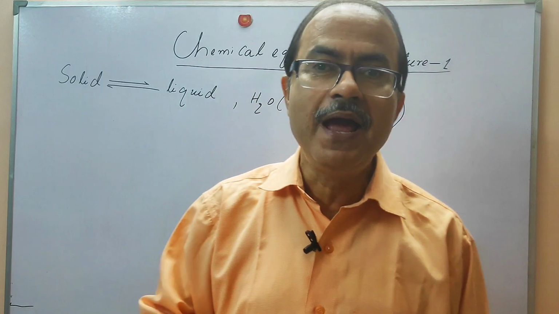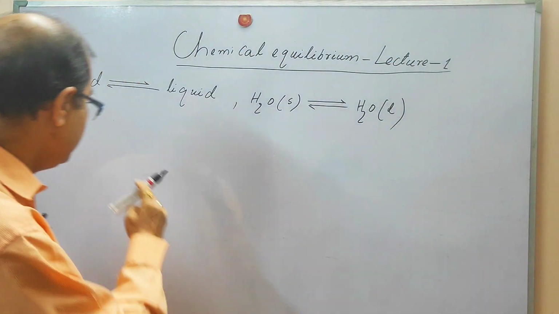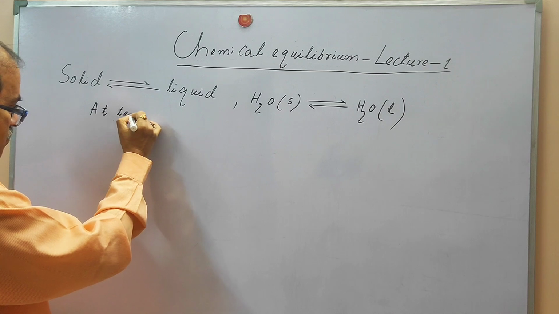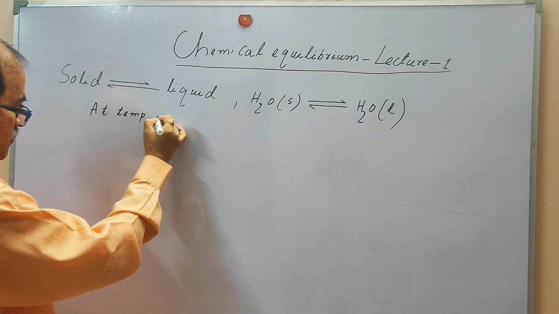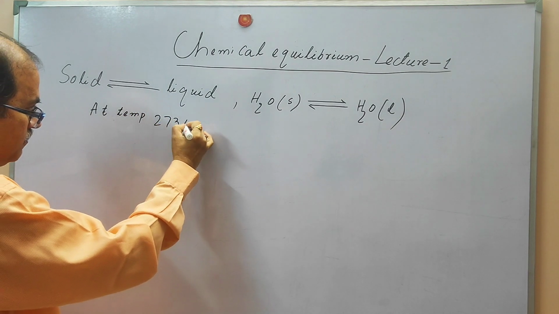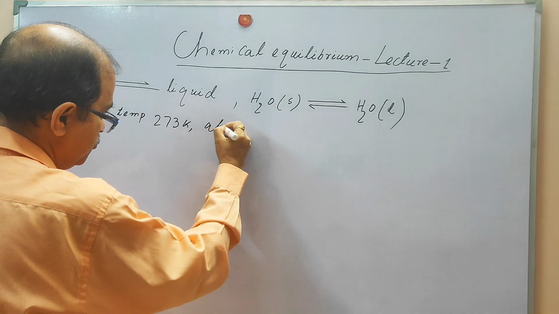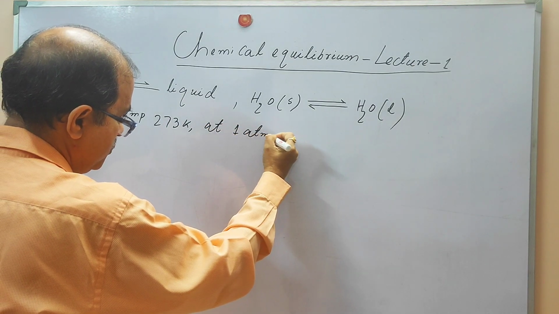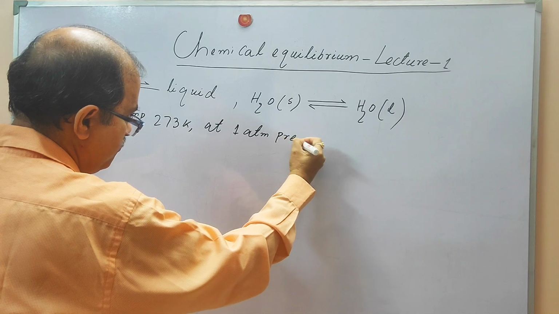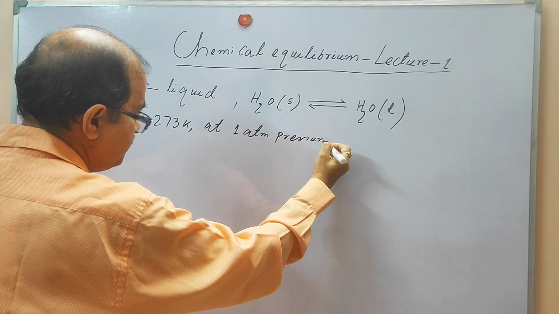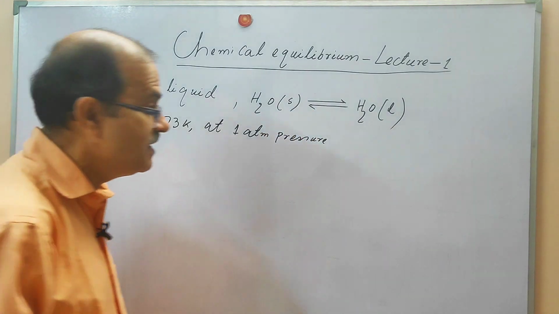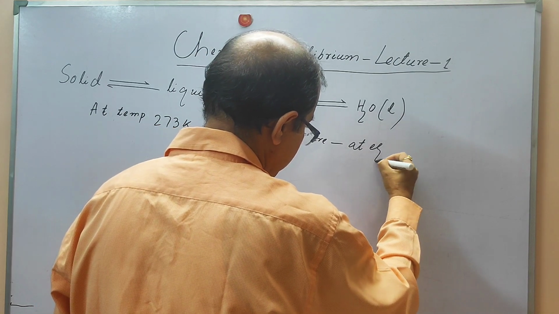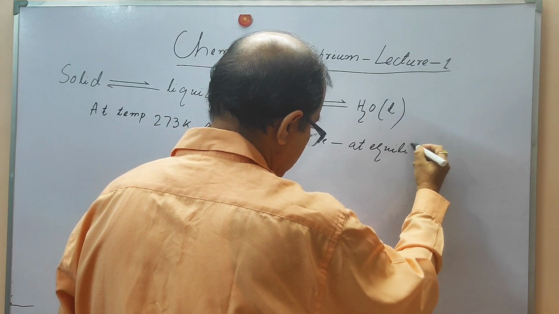So after some time, at a temperature of 273 Kelvin and at atmospheric pressure, what will you find? You will find that the physical process has reached equilibrium. We can say it reached the equilibrium stage.